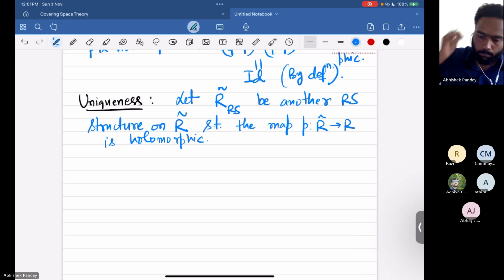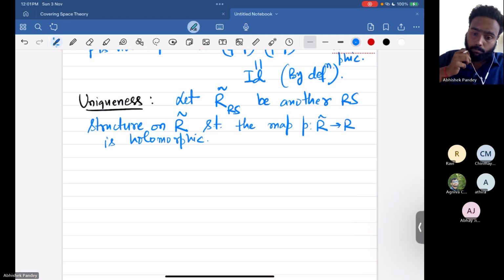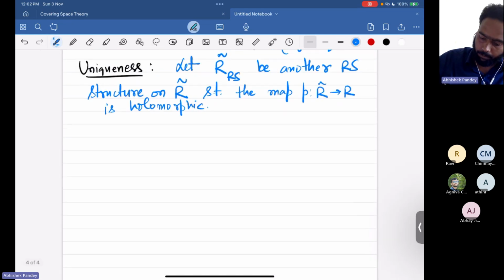So what we need to show is that these two complex structures are the same. So this is any arbitrary Riemann surface structure on R tilde.